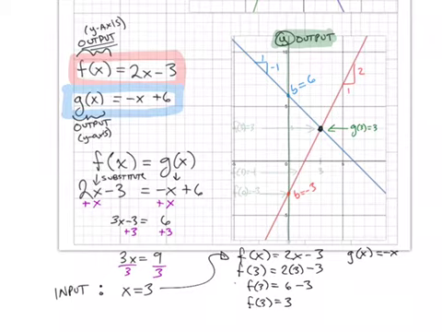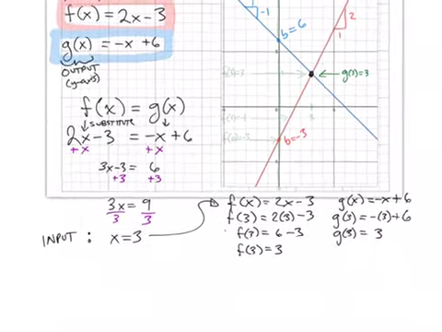If I take g of x and I replace the variable x, the input, with the number 3, I get g of 3 is equal to -3 plus 6. And -3 plus 6 is 3. And so what I find is that when I input x equals 3, I get the same output of 3 for both points.